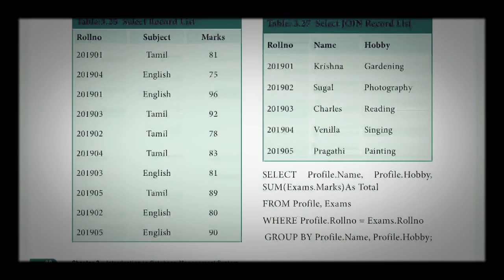Here you can see there is a table that has some students' roll numbers, the subjects, and the marks of the subjects. You can use this GROUP BY command to select all the data of a common roll number. For example, 201901: you can group all the marks of subjects obtained by the student with roll number 201901. So this is grouping.